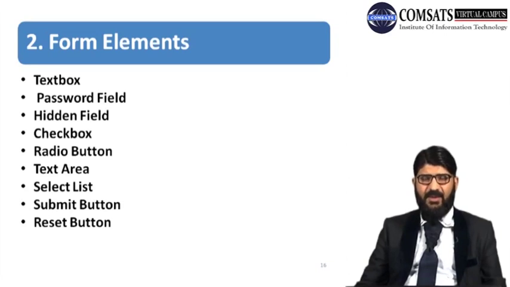Submit button, when you want the information you have put in different form elements to be sent to the server. Reset button, when you want the information you have put in the different form elements to be cleared to the default values, then use the reset button. So let's discuss all the form elements one by one.